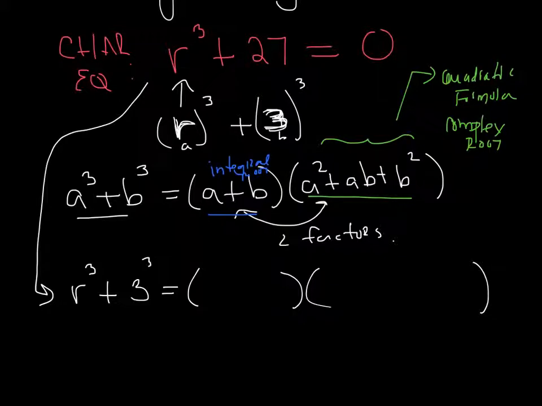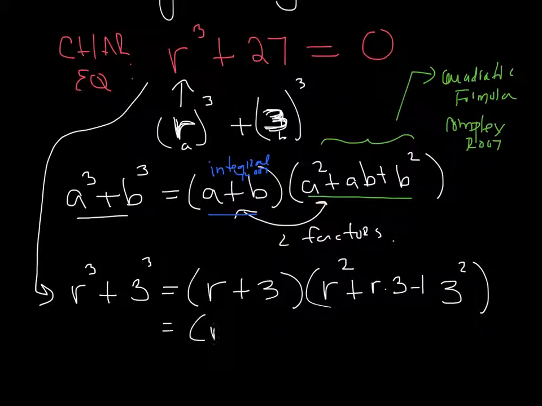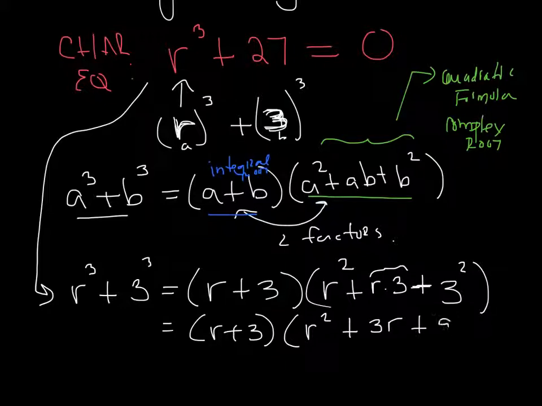So that's going to be r plus 3. And then the next one's going to be a squared, so that's r squared, my b squared is 3 squared, and times a times b. The sign changes, so this is r squared minus 3r, plus 9.